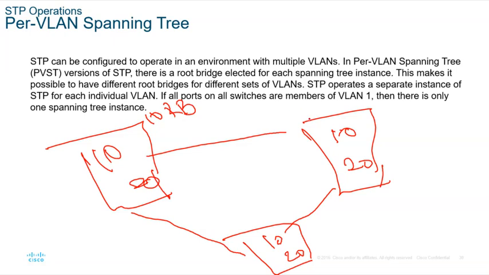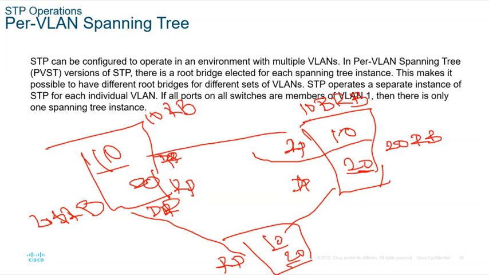On this one, VLAN 10 is the backup root bridge. But VLAN 20 here is the root bridge, and on this other side, VLAN 20 is the backup root bridge. I think in this scenario we are on the same page.